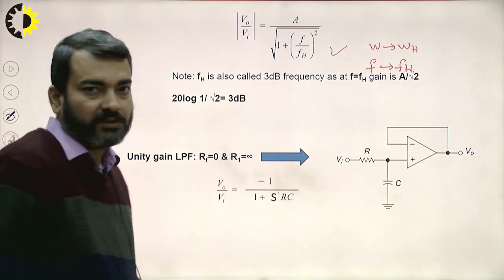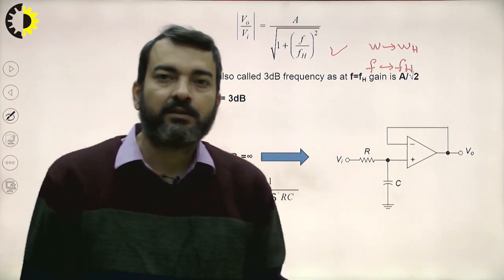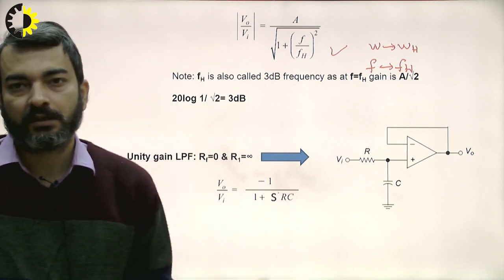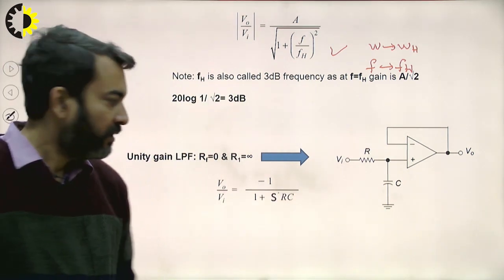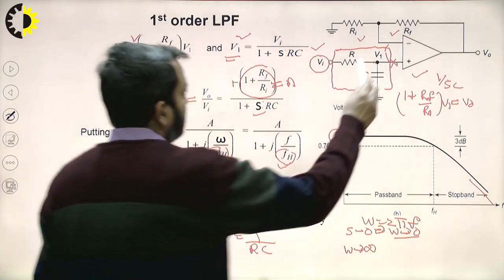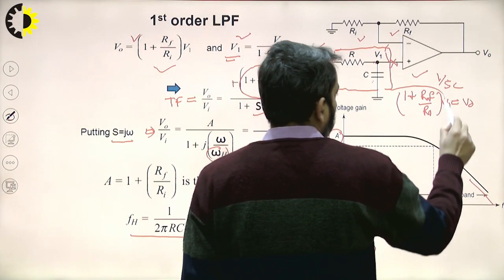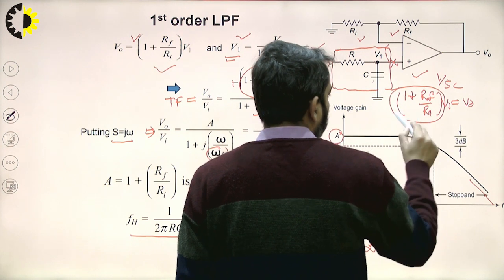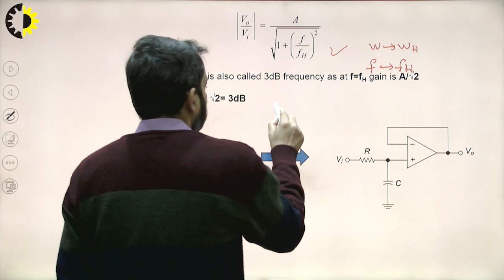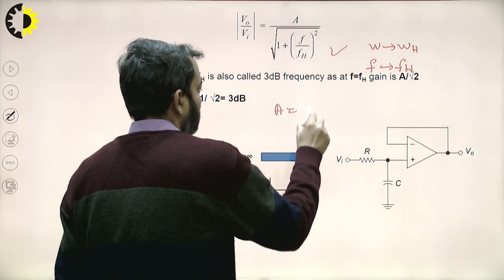One specific question which is normally asked: design the same filter for unity gain condition. So if we see in the previous filter, gain is 1 plus Rf by Ri.